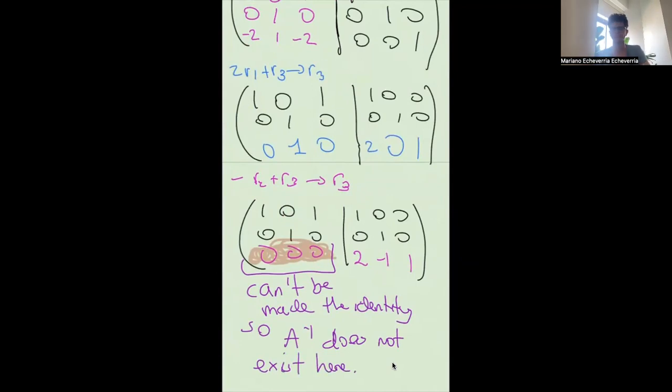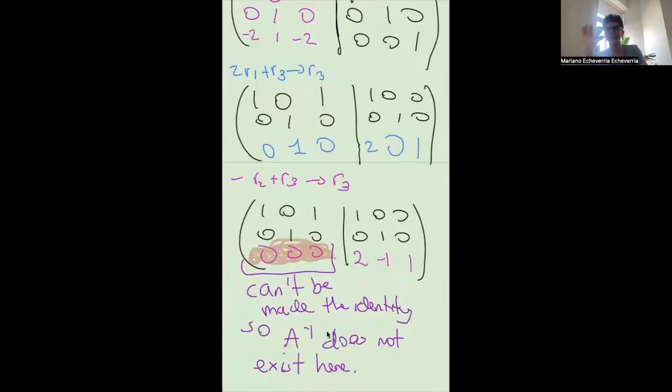Is that making sense? So again, if you get to the identity, then you're good. There will be an inverse, and the inverse is whatever you have on the right side. If you don't get to the identity, that means that the matrix did not have an inverse to begin with.